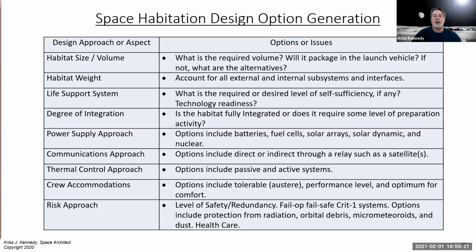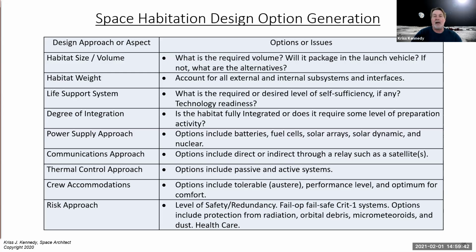So when thinking about space habitation design options generation, these are the kind of questions or issues you'll be faced with. When you think about the design approach or aspect, the habitat size and volume: what is the required volume? Will it be able to package in the launch vehicle? If not, what are the alternatives?